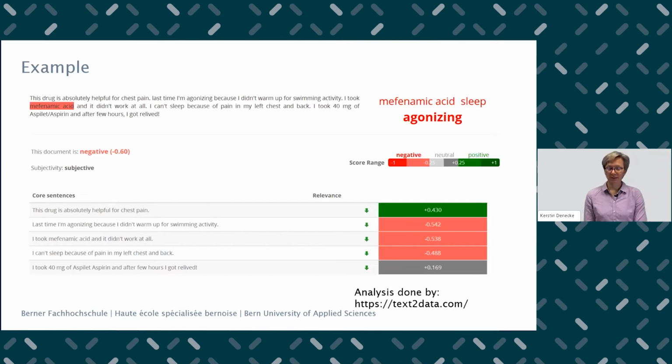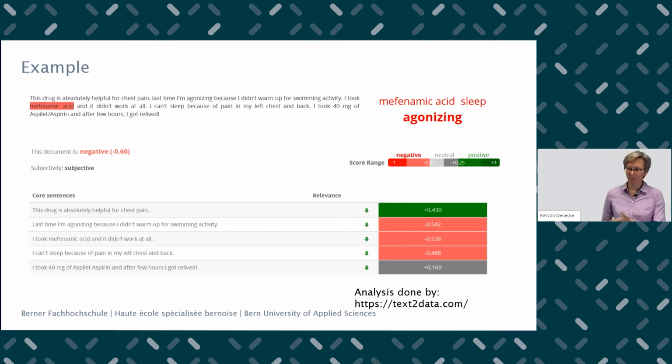What you can see overall is that we can run sentiment analysis on sentence level. This is done here in the upper part of the slide. Then the system also presents a document sentiment, which says it is a negative document. And this already shows the challenges we have in sentiment analysis. When we read this review, we know from the first sentence it's a positive statement about this drug.